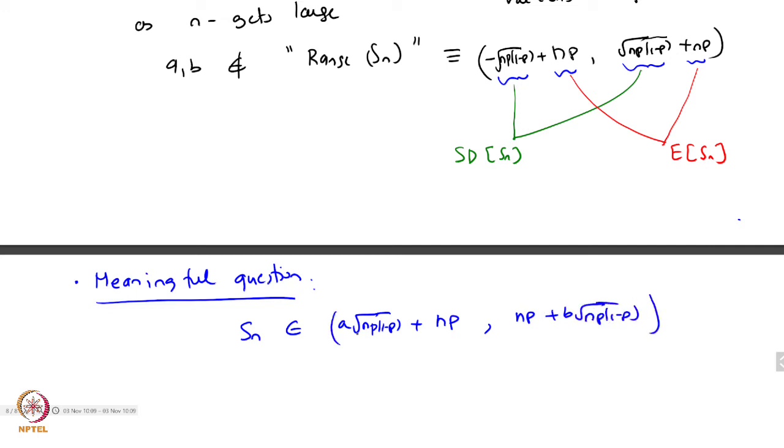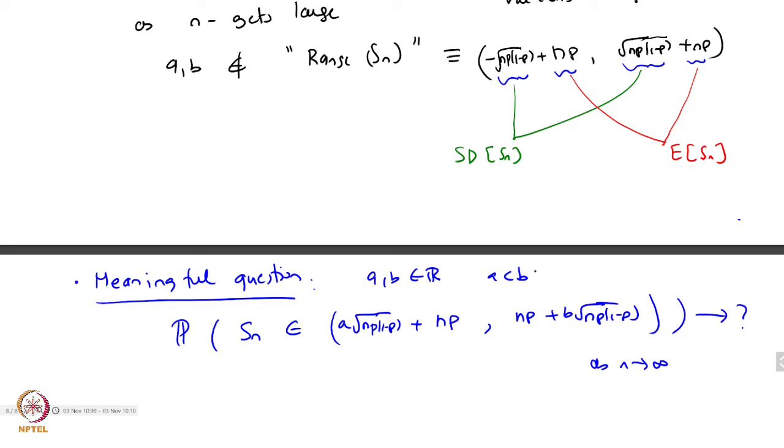So how does Sn behave? What happens to the probability of this as n goes to infinity? Here A and B are fixed, A less than B. So you look around np, you scale to the width of the standard deviation, and you look at how this interval behaves, because that's how your range is going to behave in some sense.